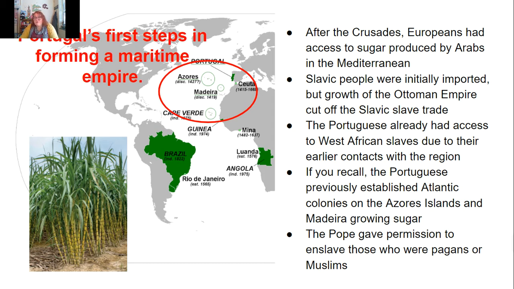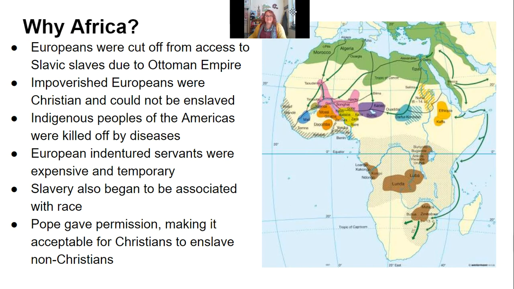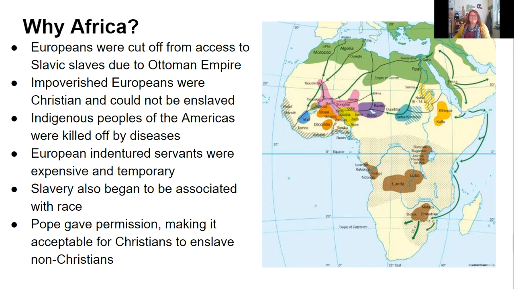The Pope, the head of the Catholic Church, even gave permission to enslave those who were pagans or Muslims. Oh yeah, it doesn't get any better than this, guys. So, why Africa? If slavery had already taken so many forms in other areas of the world using people besides Africans, why Africa?